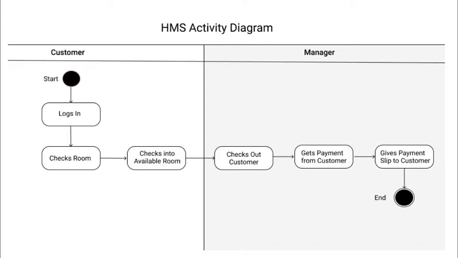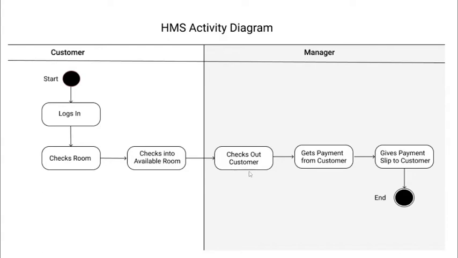Activity diagram. The manager, first of all, the customer starts, then logs in, and checks the room, checks available rooms, checks the customer's room, which will be done by the manager.